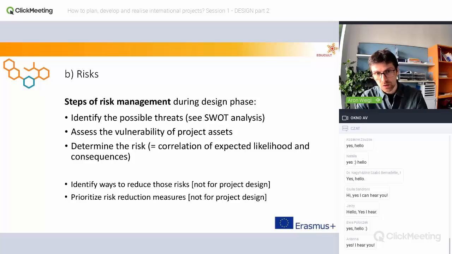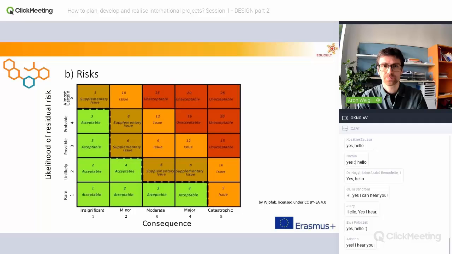For this correlation, it is good to use the risk matrix, we call it. I show it here. You can see on the x-axis the consequences and the grade of consequences a risk would have, and on the y-axis the likelihood or the probability of the occurrence of a risk.